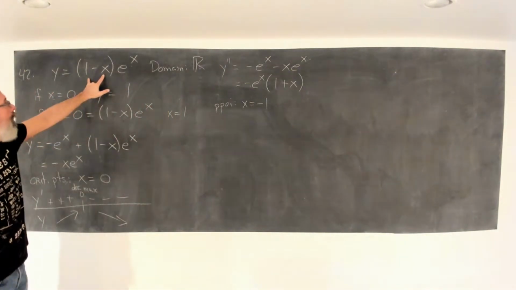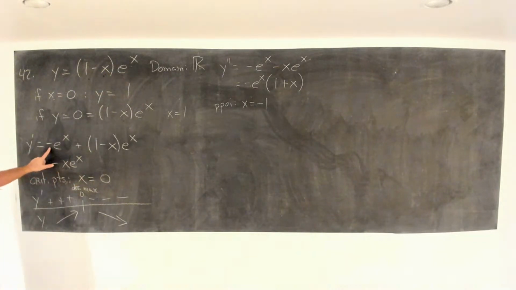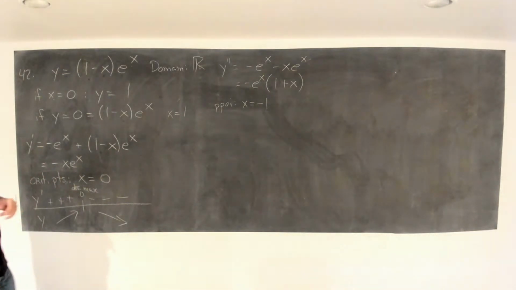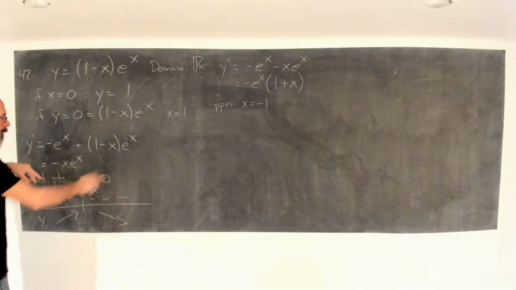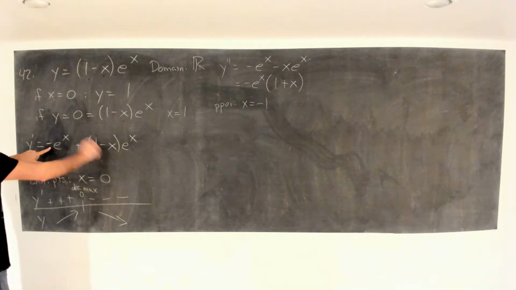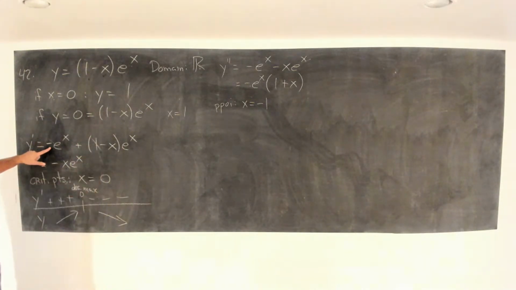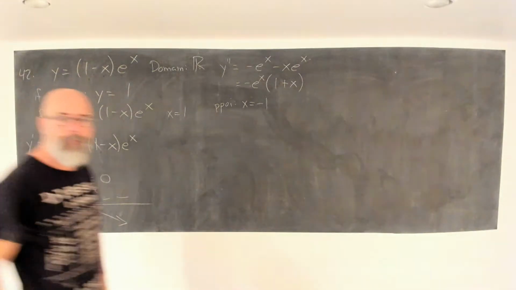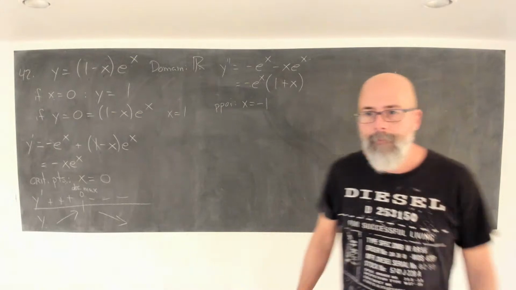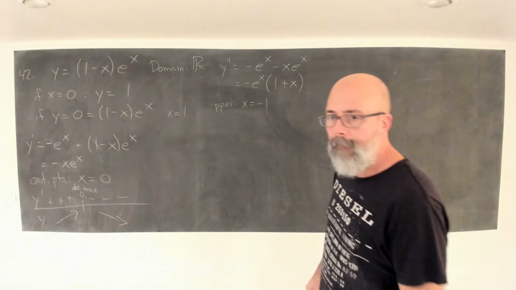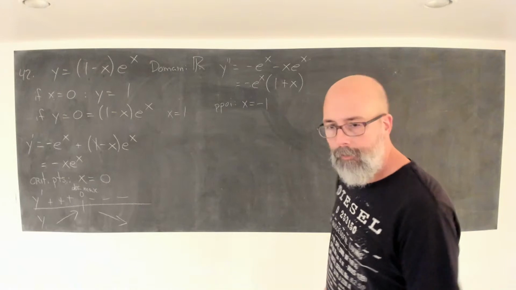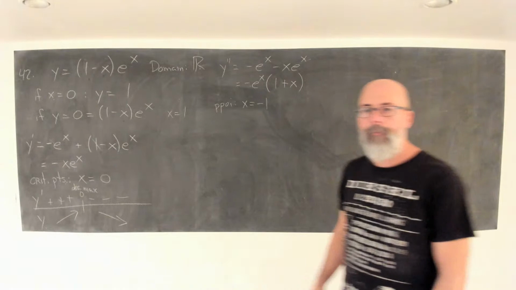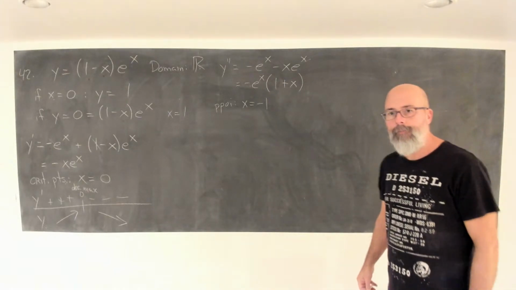Differentiate the first one, -1, leaving the second one fixed, plus leave the first one fixed, differentiate e to the x, whose derivative is e to the x. Expand all of that. This cancels with this 1, leaving you with a negative x e to the x. Exactly that. And the first two terms cancel. Precisely.